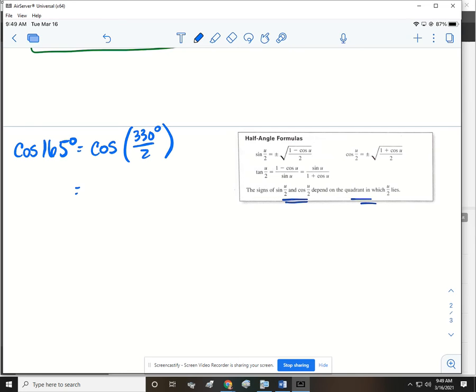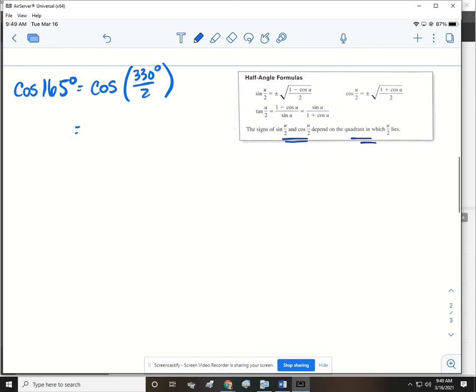Now we have to decide if we do the positive or the negative square root. Because 165 is in quadrant 2, the cosine is negative. So we do the negative square root. And then we have 1 plus the cosine of 330 degrees over 2. We've already figured out the cosine of 330 degrees, so some of the work is already done for us. It's the square root of 3 over 2.